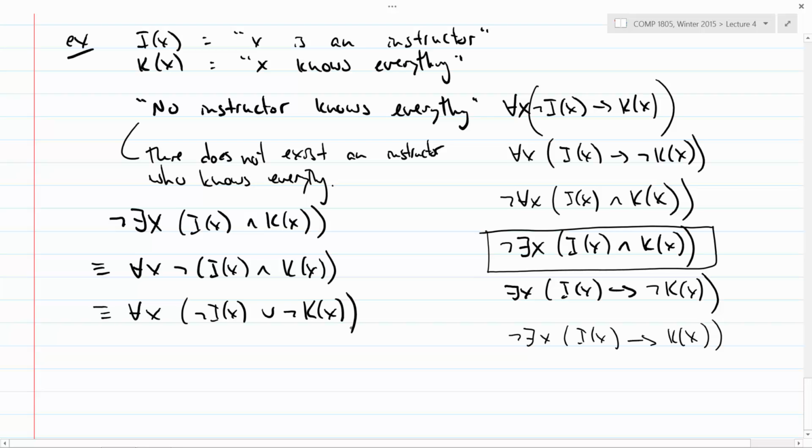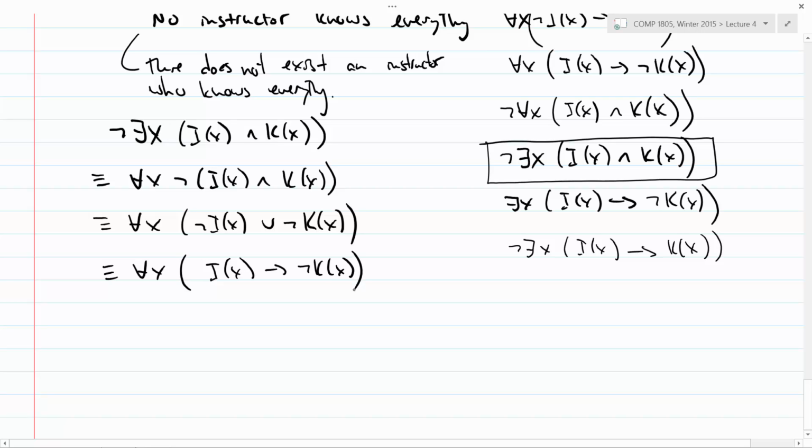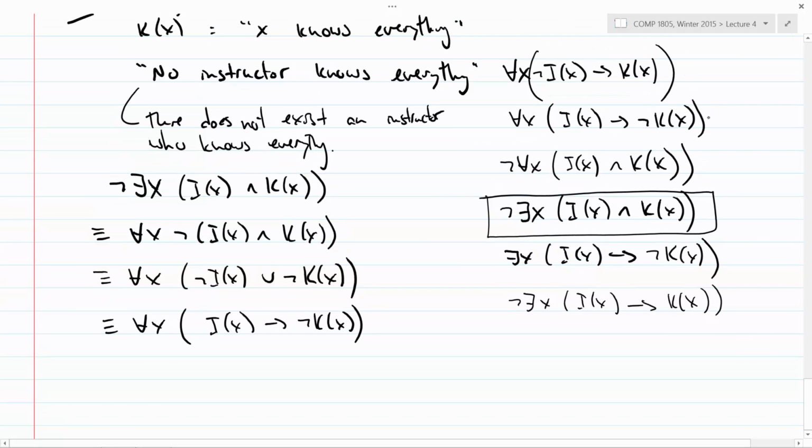So far, so good. All right, so this thing here is exactly the same as using quantifier negation: I of x implies not K of x. Which is this thing right here, which means that's good too. That's good because it's the original.